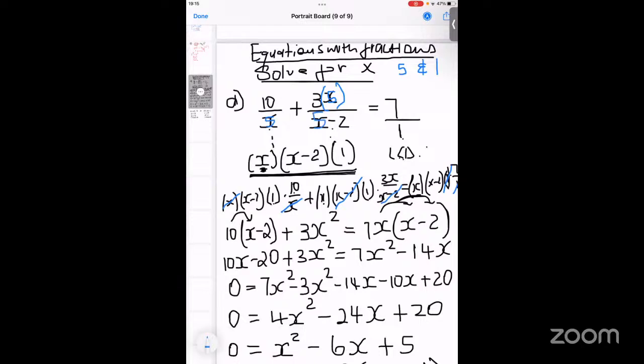Punch all of that on your calculator and check if it gives you 7. If it gives you 7, then it means that first answer is correct. Then test with the other x value, which is 1: put 1 there, put 1 there, punch all of that on your calculator and check if it gives you 1.